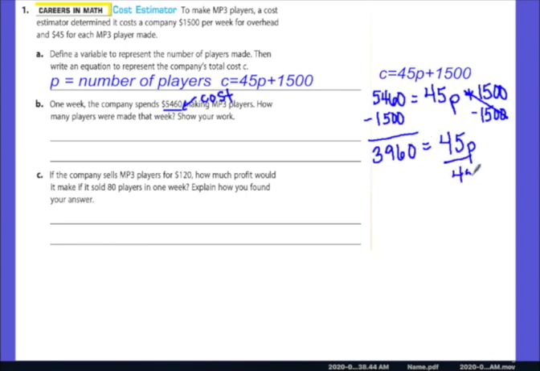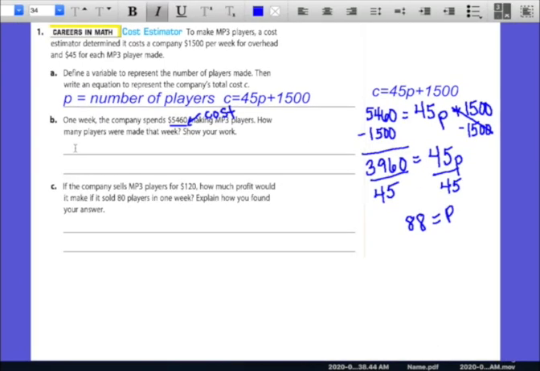Now, to get p by itself, we need to divide both sides by 45. And when we divide both sides by 45, we find out that p equals 88. So we'll go right back over here and answer our question: in this one week, the company made 88 players.